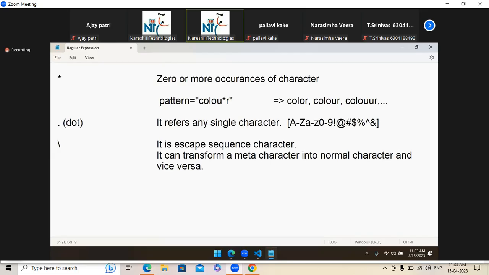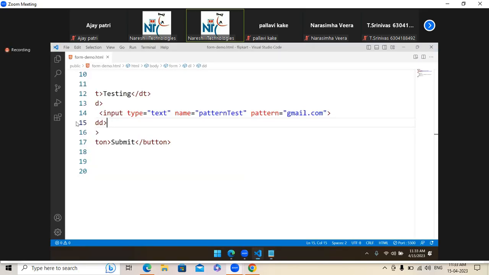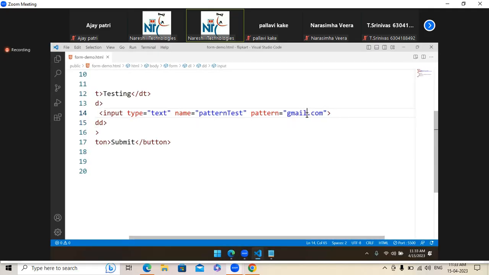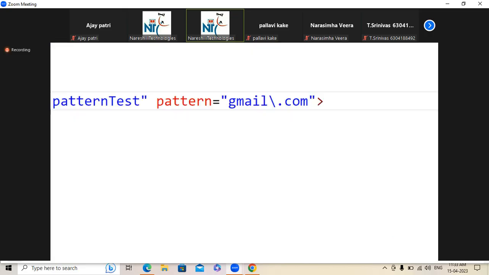So what you have to do now: this dot is treated as a meta character, but our intention is a normal character. Then we will put a slash dot. This means don't use dot as a meta character, use it as a character.